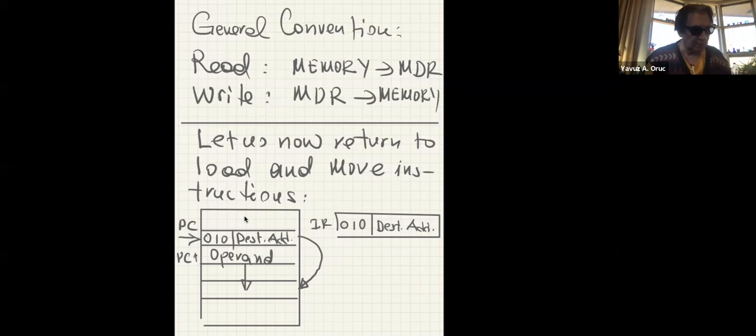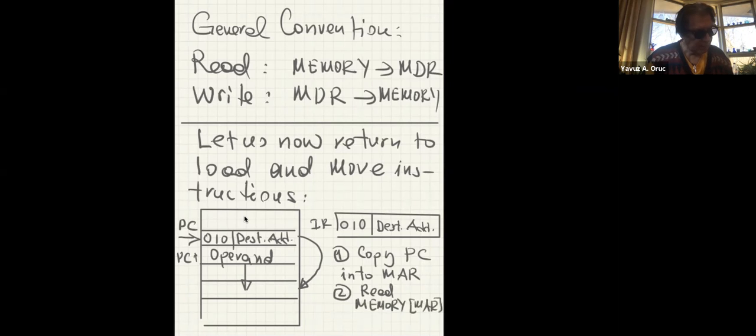So here are our steps. One, to load, copy PC into MAR. Two, read memory, MAR into MDR.